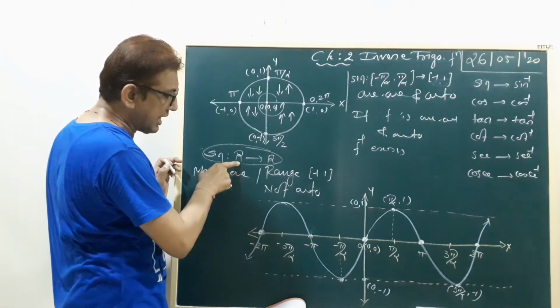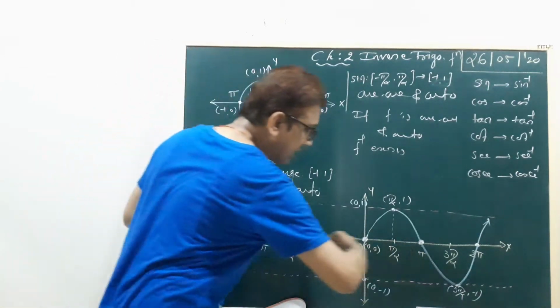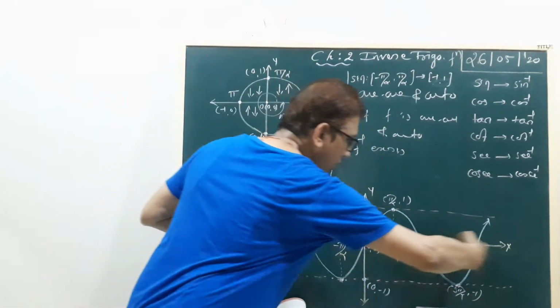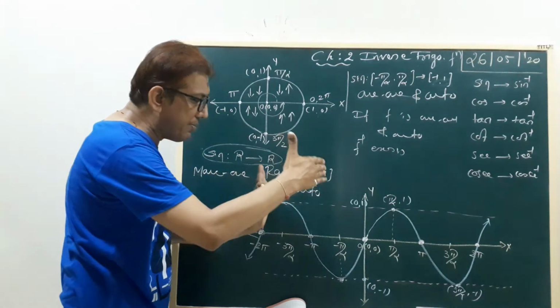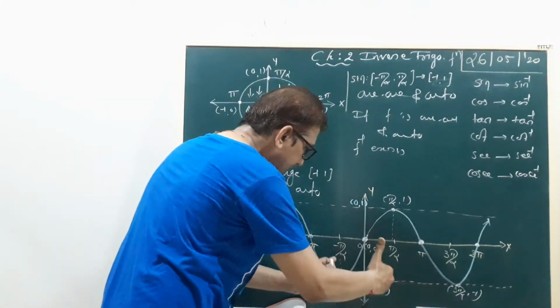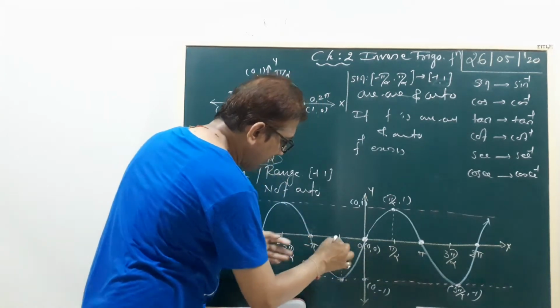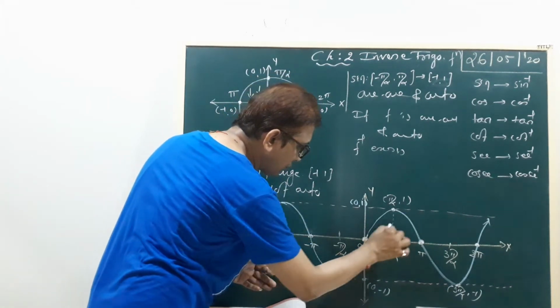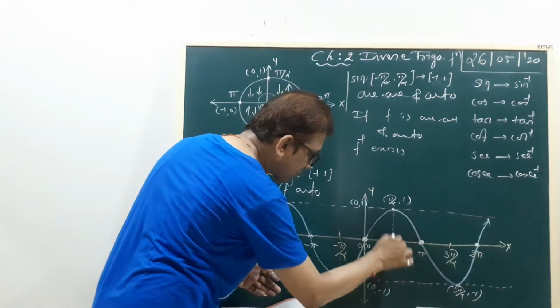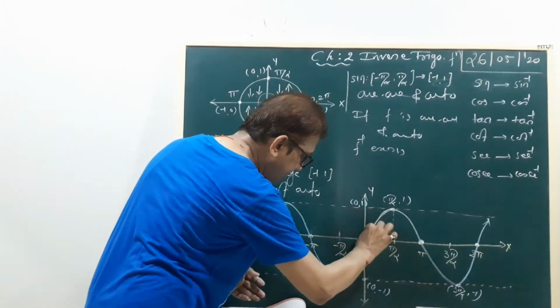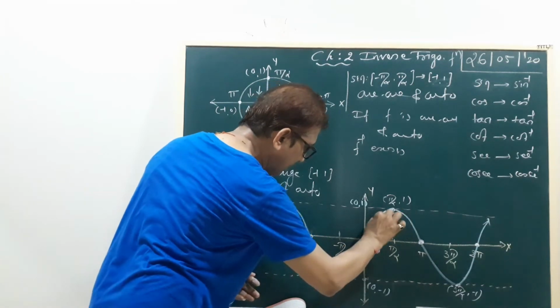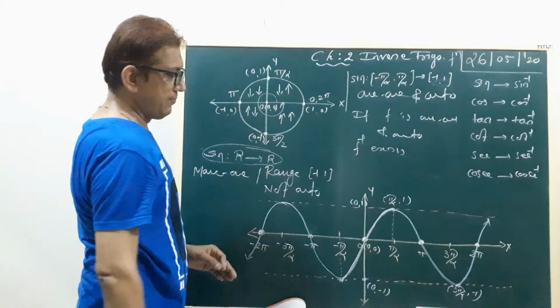Our domain of the sine function is R, the whole number line. Now we limit the interval to this portion, minus pi by 2 to pi by 2, this limited area. Clear?